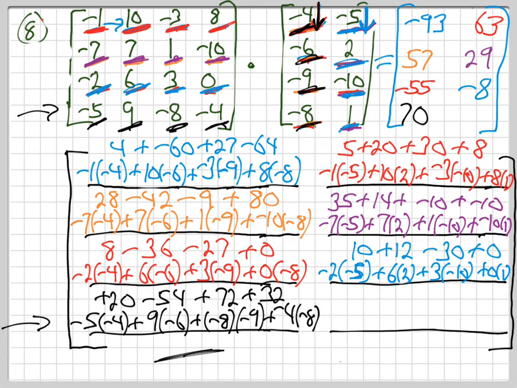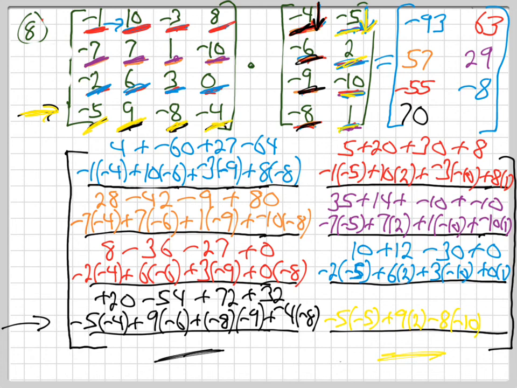One more final thing, the lower right. So I'm doing the lower and I'm doing the right. Minus 5 times minus 5. Jump to the right, jump down always. Plus 9 times 2. Jump to the right, jump down always. Minus 8 times minus 10.